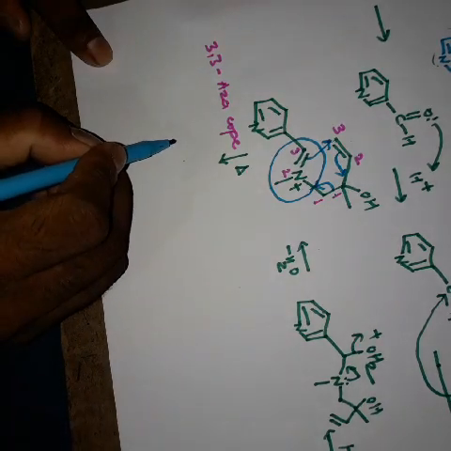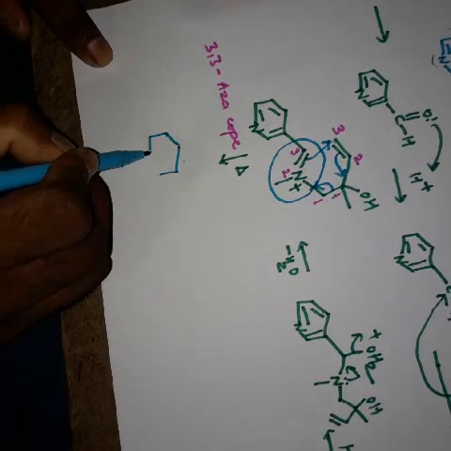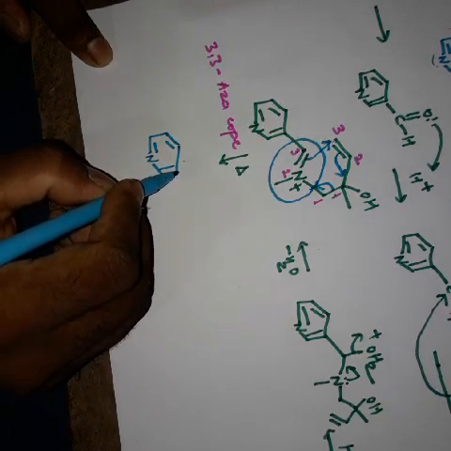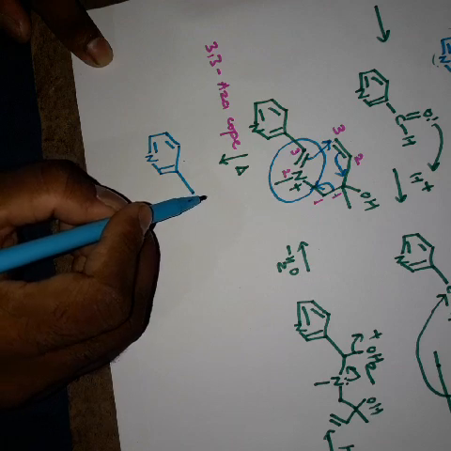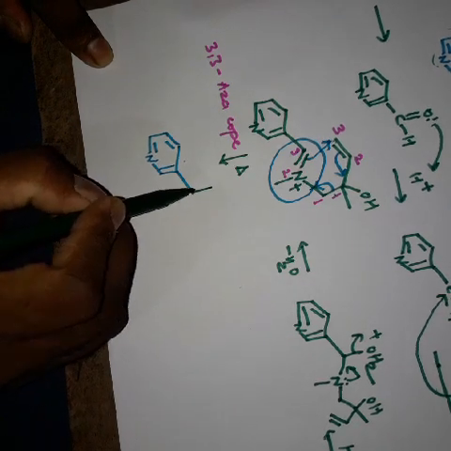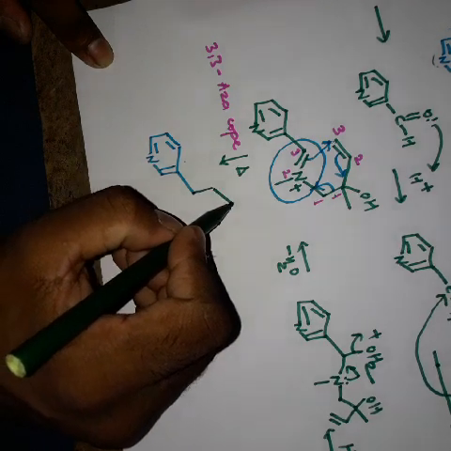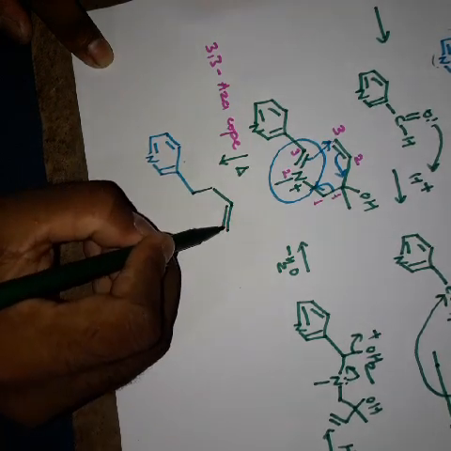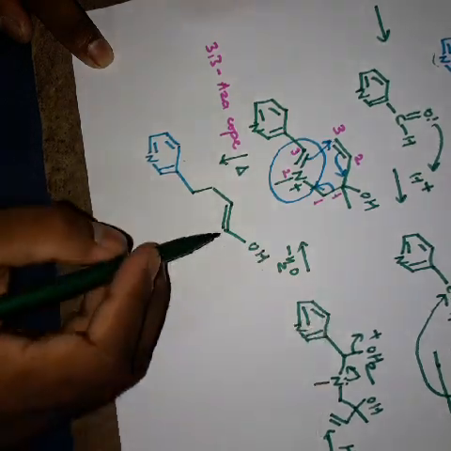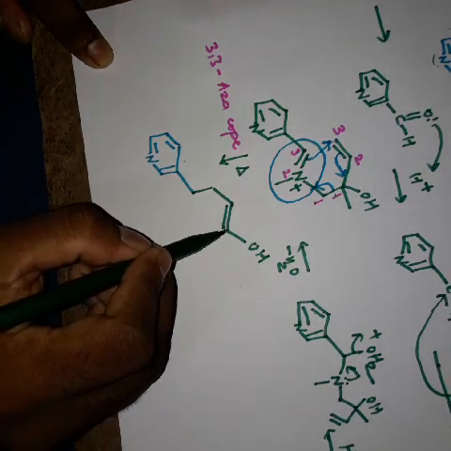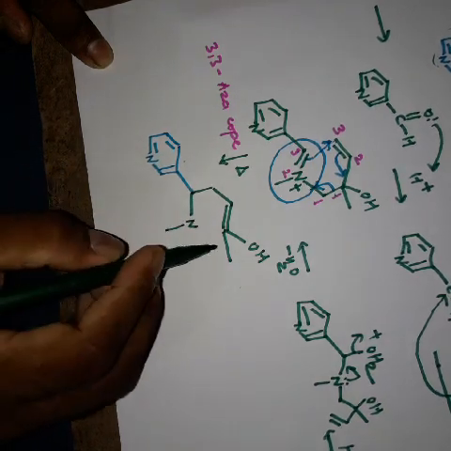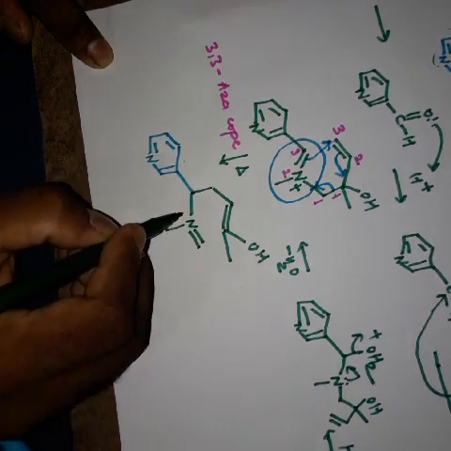So that will be like, see, there is a formation of a new bond like this, then there is a single bond, then there is a double bond. That double bond is connected to OH, then a double bond is connected to methyl, nitrogen, methyl, and then nitrogen is connected to a double bond.